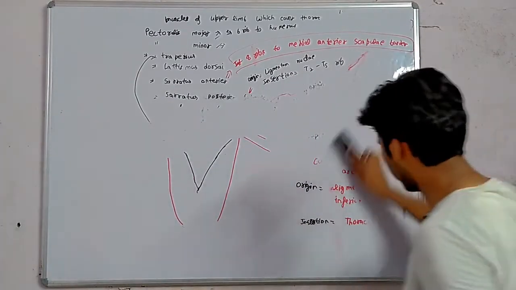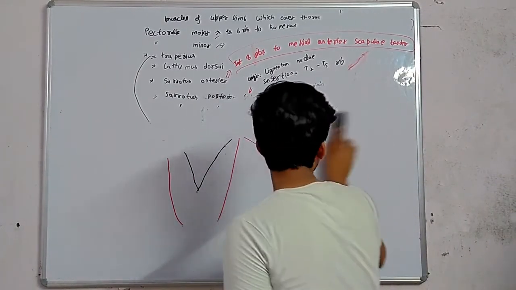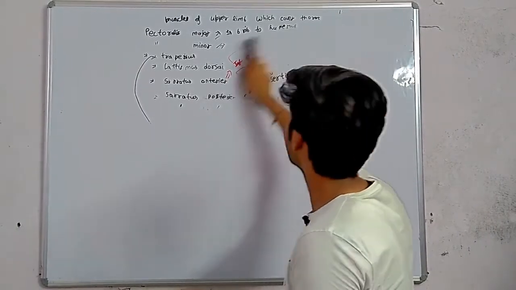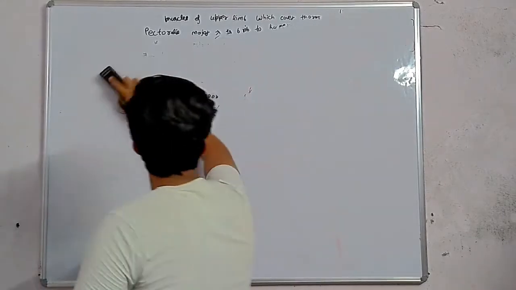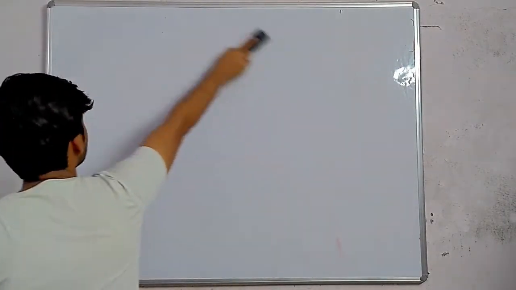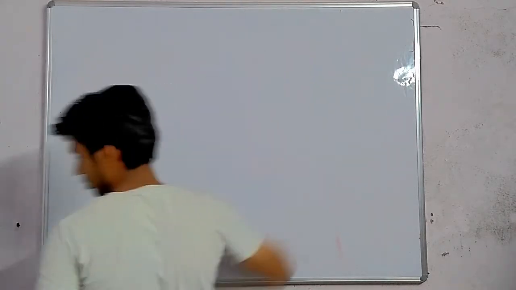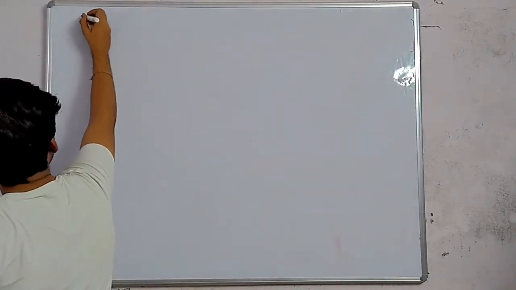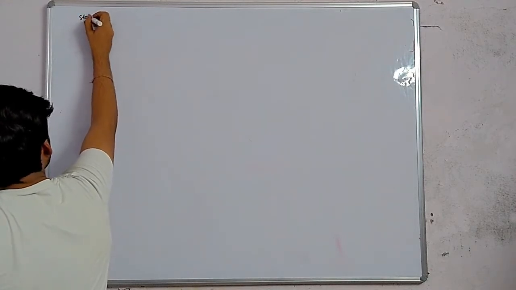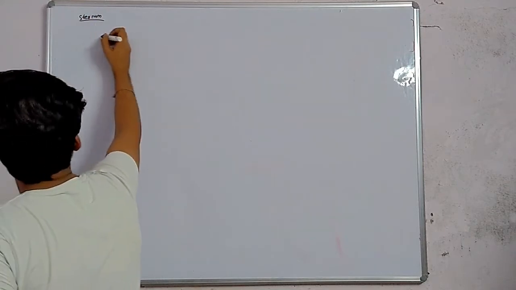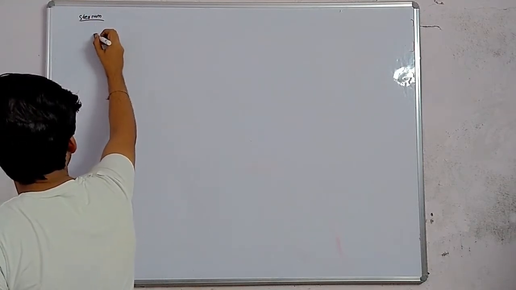First, we talk about the osteology of the thorax. After removing this, we find thorax muscles and bones. First, we take the sternum. We know it has three parts.